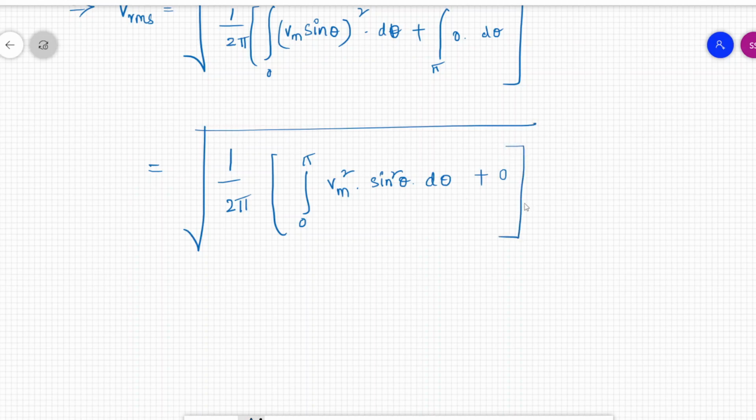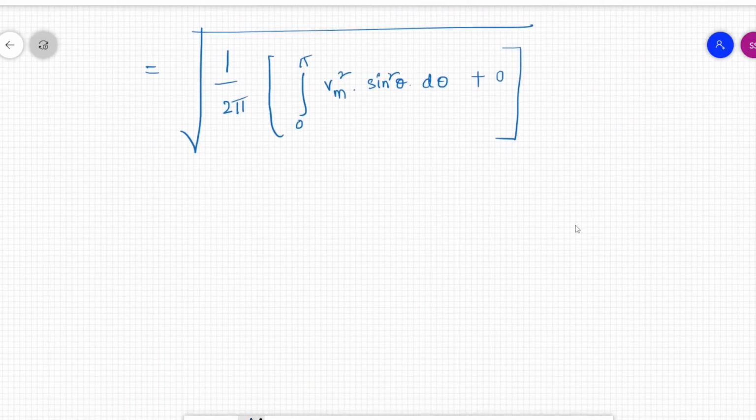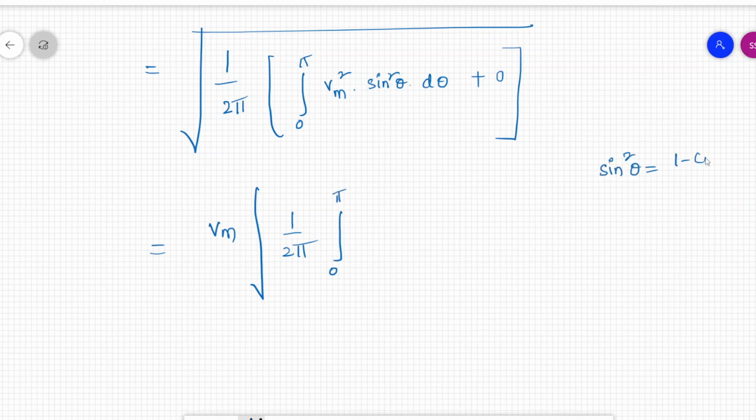Okay, so this is our new expression. Now let us try to solve this. If I bring the Vm square to the outside, that will become Vm under root 1 by 2 pi. I'm writing sin square theta in terms of (1 minus cos 2 theta) by 2, taking the help of this expression here.